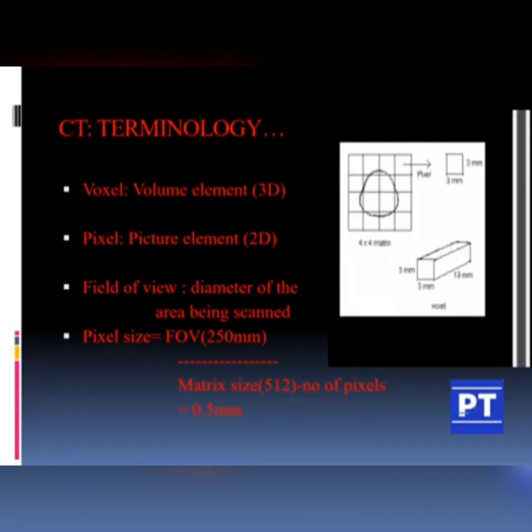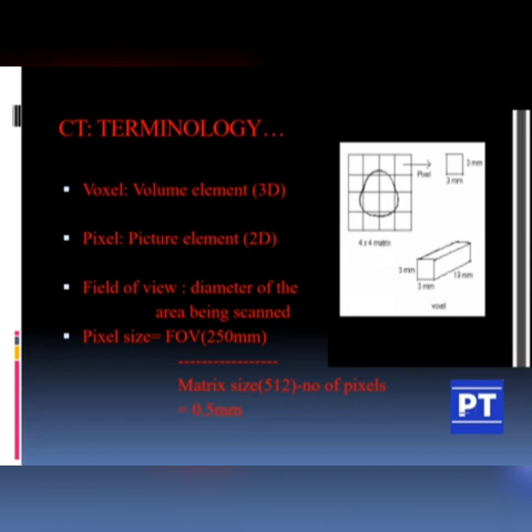CT terminology: voxel. Voxel means volume element. Here in this figure you can see a matrix, and one single box in it is known as the pixel, otherwise known as the picture element, which is 2D, and the volume is known as the volume element, the voxel, which is 3D.